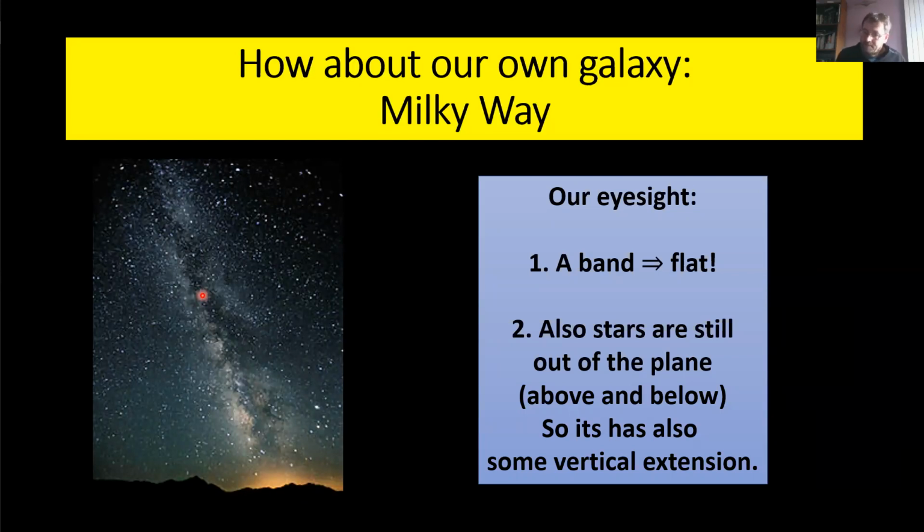And it doesn't matter where we are on the planet, because it's going to stay a band. Then the density of stars is decreasing, going basically away from this band. This tells us we live in a flat galaxy.